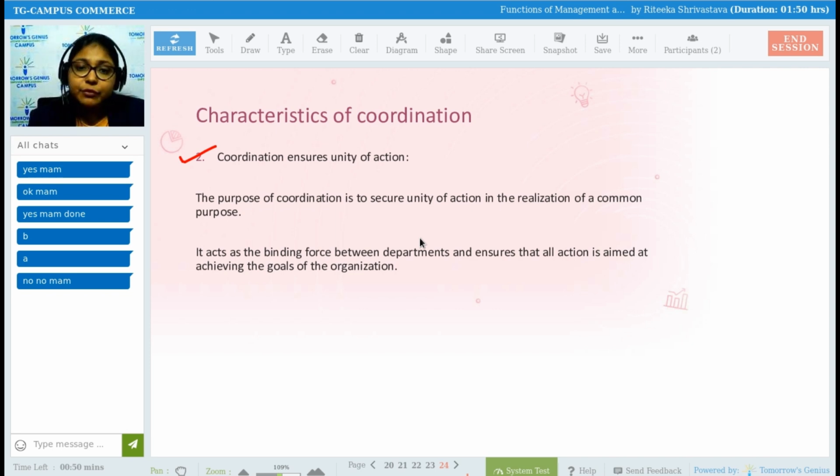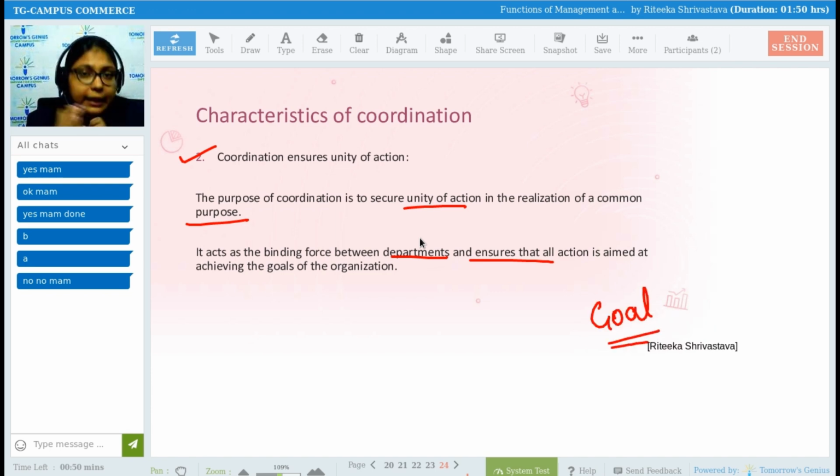So the purpose of coordination is to secure unity of action in the realization of a common purpose. It acts as the binding force between departments and ensures that all action is aimed at achieving the goal of the organization. It ensures unity of action, meaning the entire organization, each and every department, should work towards the one goal only.